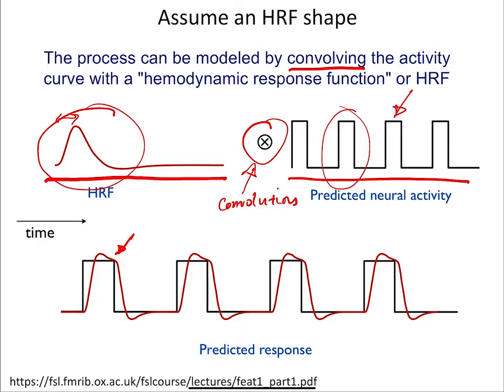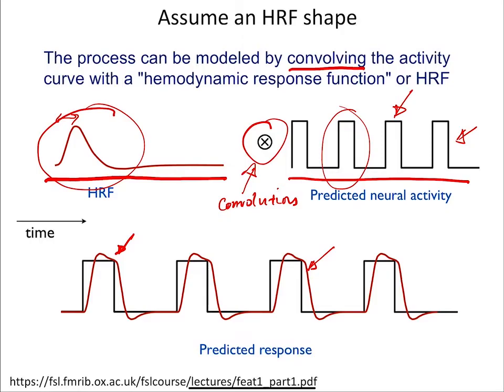So what enters into the analysis is not the raw stimulus. It enters the red curve, because that's what it thinks the brain is going to be doing. The brain can't go on and off instantaneously. The hemodynamic response function means it goes up, which generally takes a few seconds, and then maybe a few seconds to go down.